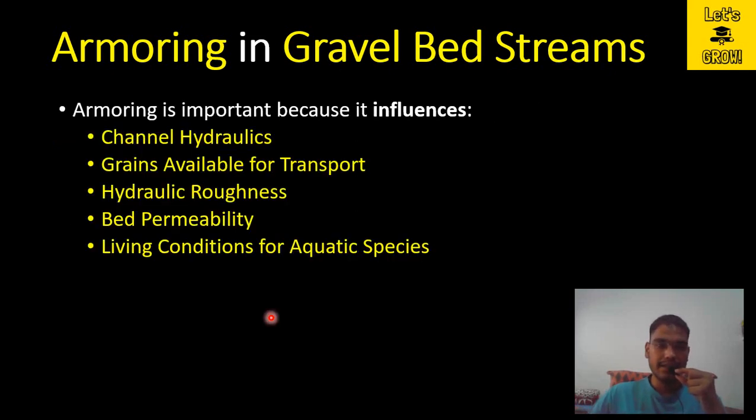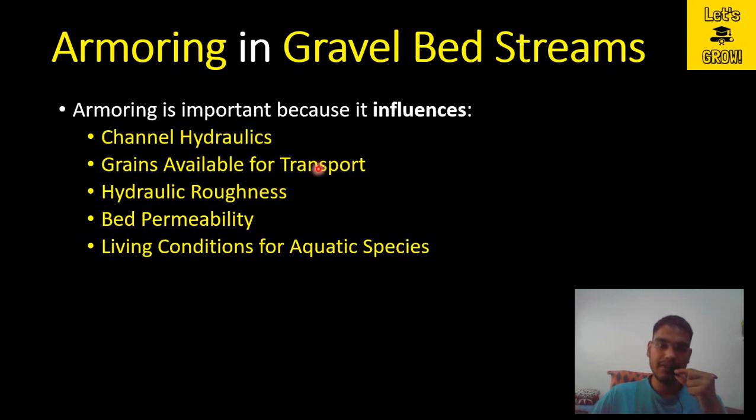Now, why is armoring important? Because it influences a number of factors. It affects channel hydraulics, meaning how a channel behaves whenever water flows in it. It affects the grains available for transport, because the surface layer is coarsened and only these particles will be available for transport.